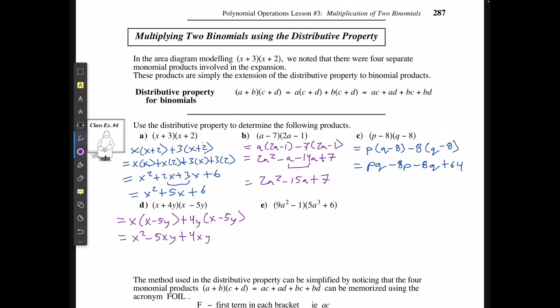And 4y times negative 5y gives me negative 20y squared. And once again, the xy terms are like terms.